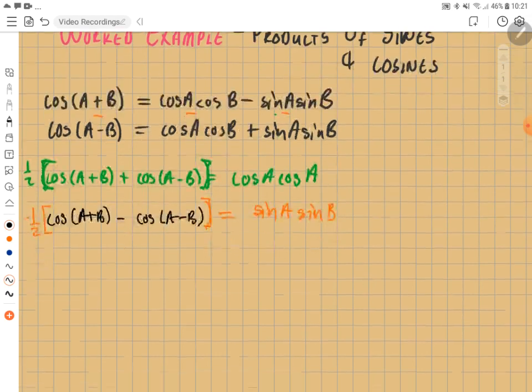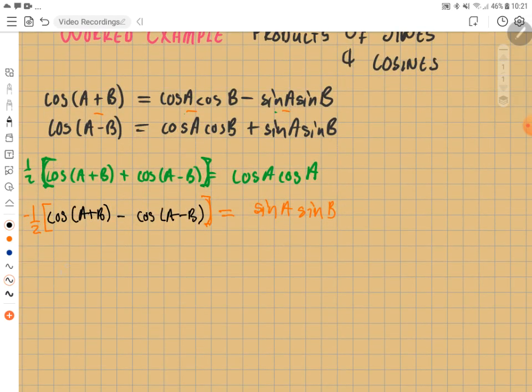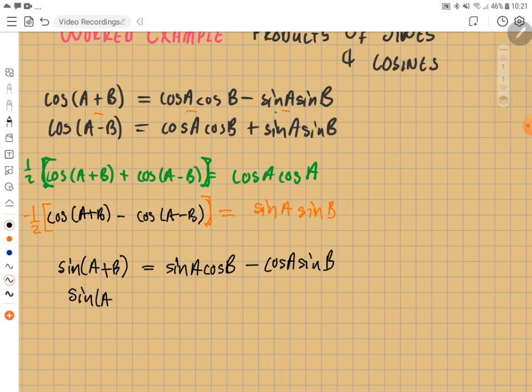And if we do the rest again, this is you maybe in the exam trying to remind yourself. You can have sine(A+B), and this would be equal to sine A cos B plus cos A sine B. Sorry, it's not a minus, it's a plus, because we said if it's a plus inside for sine, it would be a plus again there.